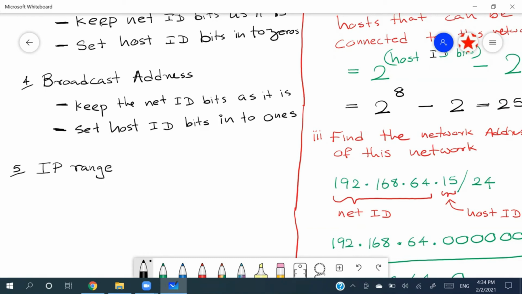There are two concepts, which are IP range and usable IP range. What I was telling you is the usable IP range. First, I'll write the IP range. IP range is a simple concept. IP range means from network address to broadcast address.